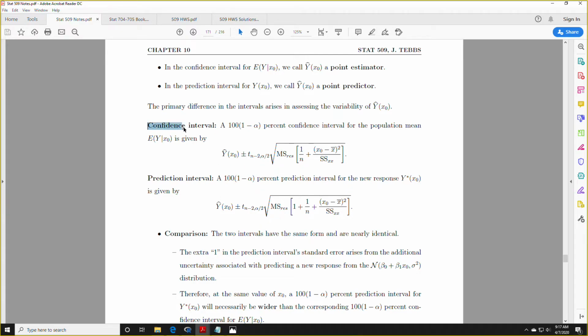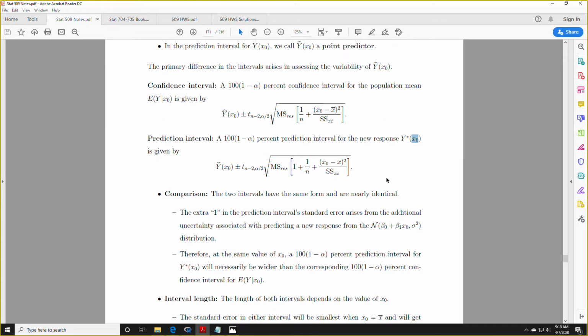But we can see here this is the confidence interval, this is the prediction interval. The confidence interval is for the population mean, the expected value of y for a given value of x. Whereas a prediction interval is for a new response, some single observation y for a given value of x.